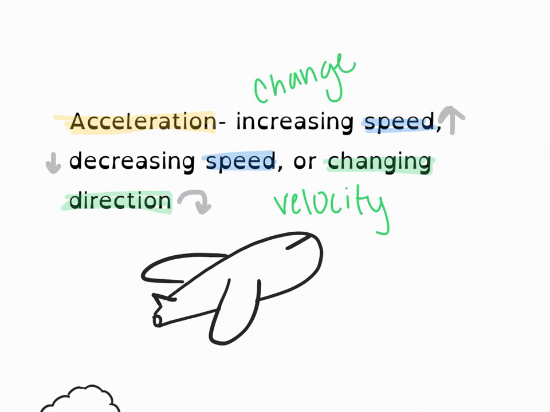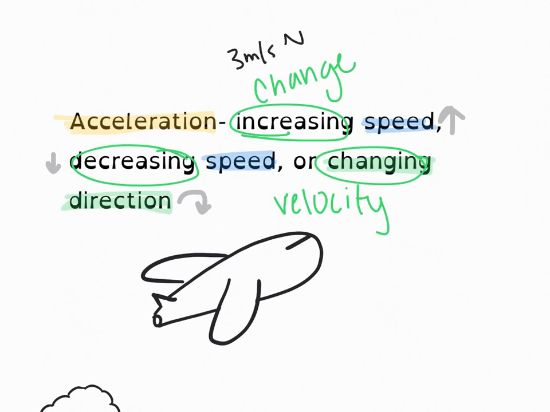Now, I'm saying change because we had the option to increase or decrease or change some sort of velocity. If I increase my speed going in the same direction, I'm changing my velocity. If I go from 3 meters per second north to 5 meters per second north, that's a change in my velocity.